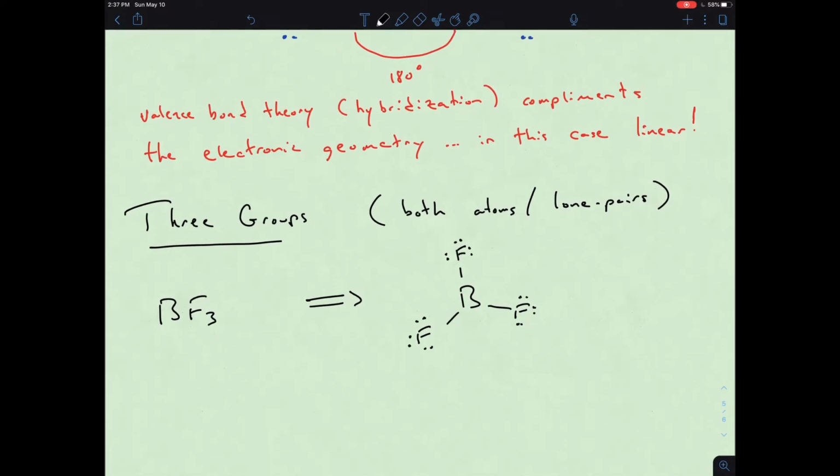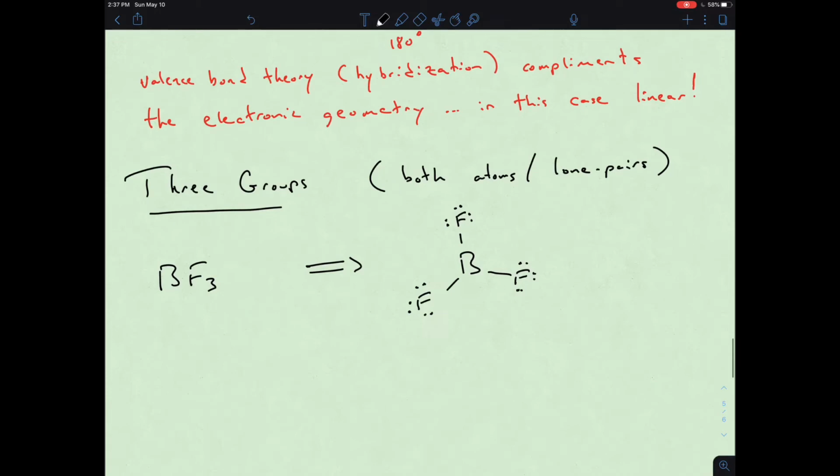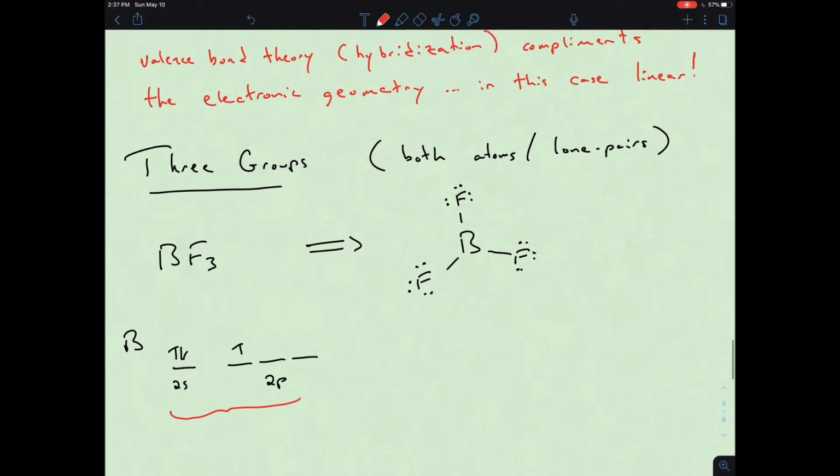So we have this particular structure, but if we look at our boron, again in terms of its valence shell, it looks like this. So again, there's our valence shell electron configuration.